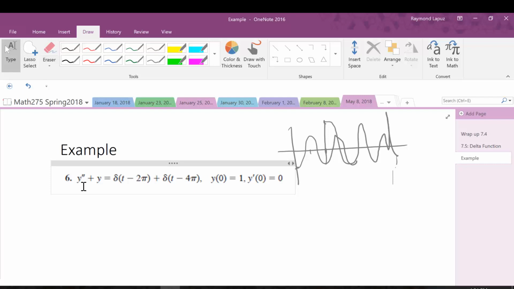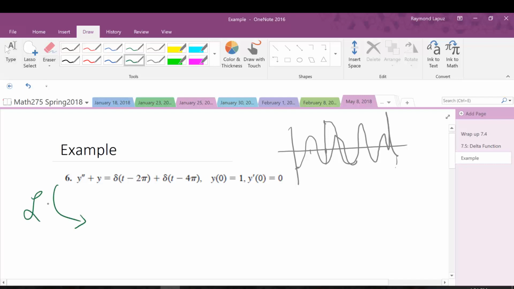All right, let's try to do this problem and see what we get. I think we're already ready to jump to the Laplace world. So let's take it there. So we have s squared capital Y minus s times y of 0 minus y prime of 0 plus y, which is just capital Y, is equal to, now we have a couple of delta functions.